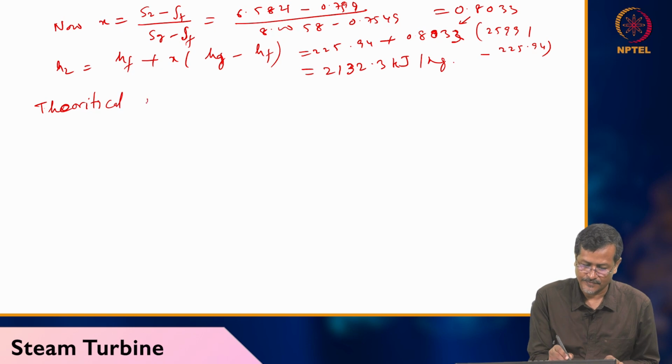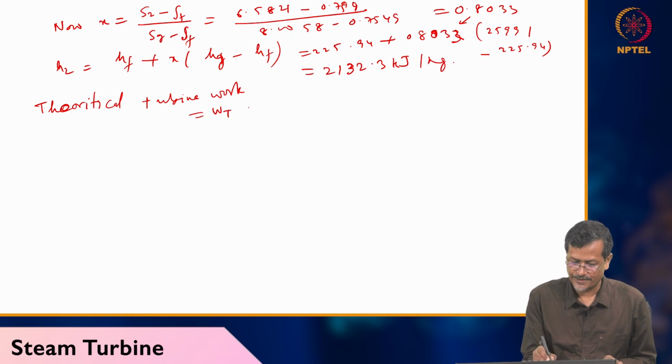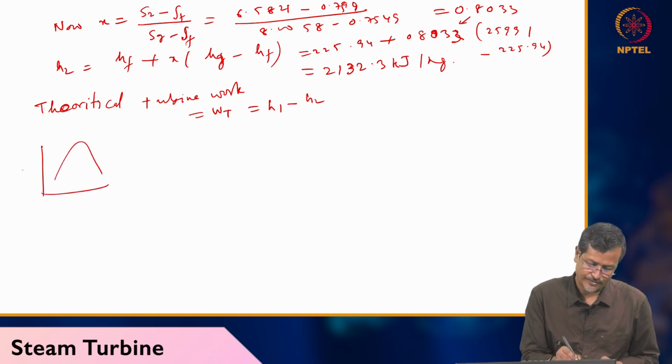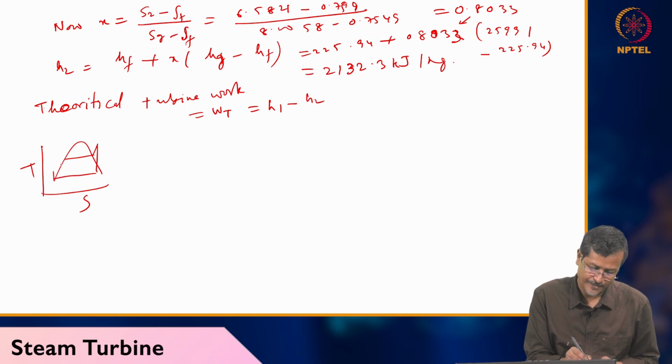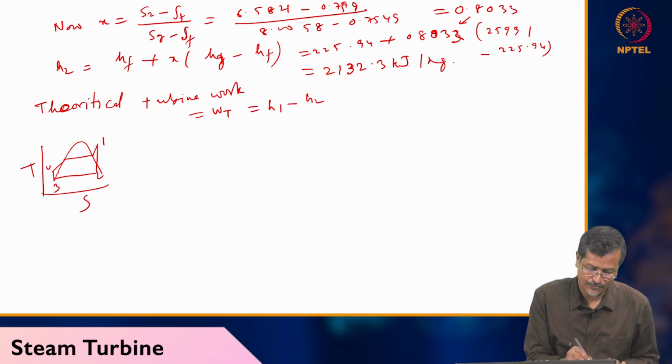Now the theoretical turbine work, Wt equals H1 minus H2. You should actually have your TS diagram in front of you every time. We started this one with 1, 2, 3, 4.